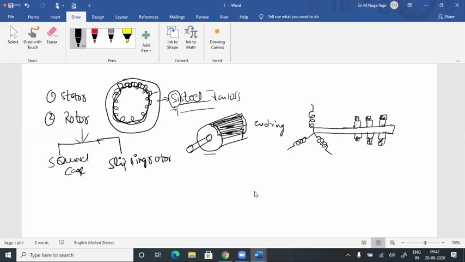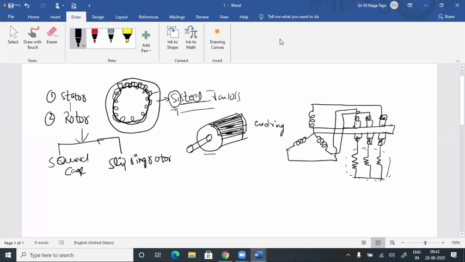Now the windings are connected like this. Okay. This is a star connected external resistance which is connected to the rotor winding.